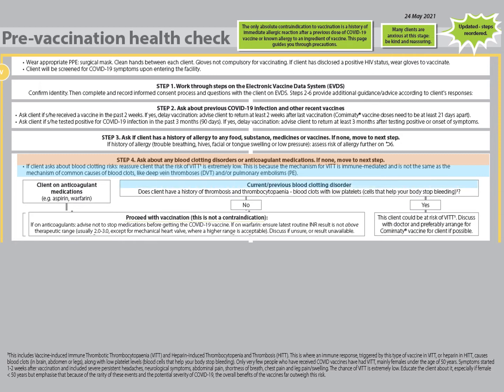In a client with a current or previous history of blood clotting disorder, only in the very rare instance in which the client has a history of unusual blood clots in the presence of low platelets, which are the cells that help your body to stop bleeding, would you be prompted to discuss the case with a doctor before vaccinating.